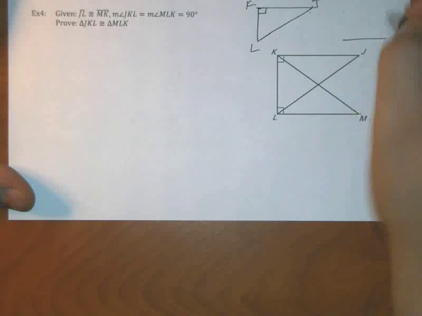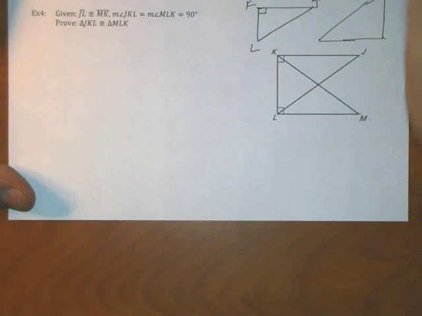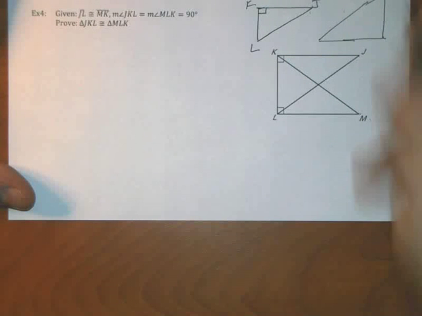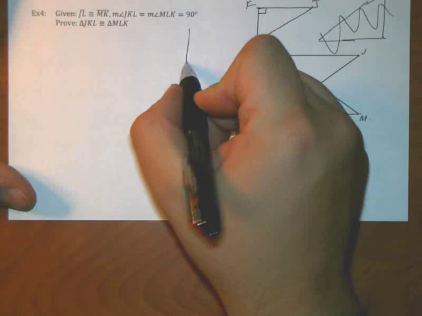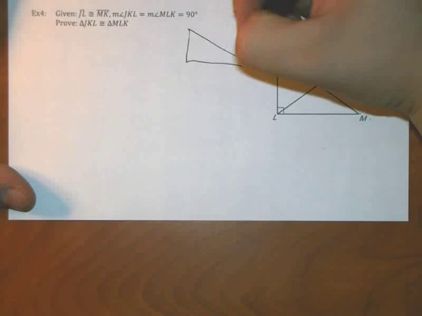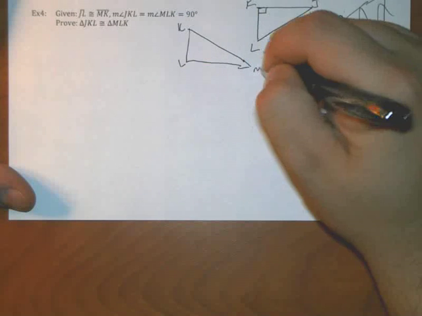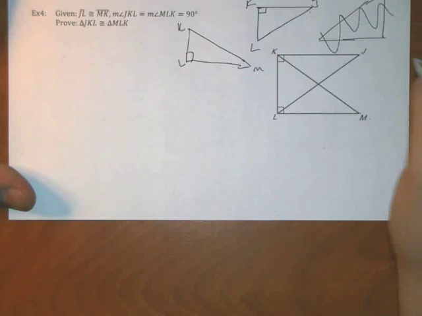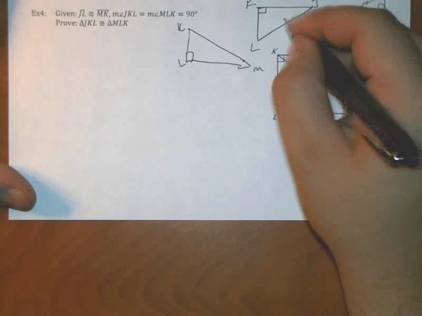I know here's K, here's L, and here's J. Oh shoot, did it backwards. How about K, L, M. And I know that this angle is a right angle, and that angle is a right angle.